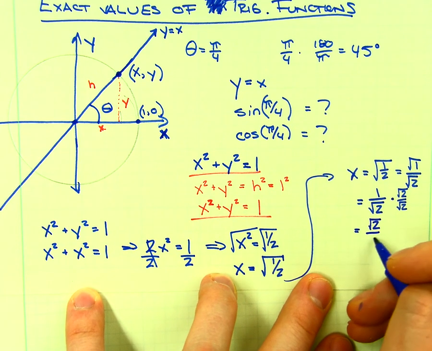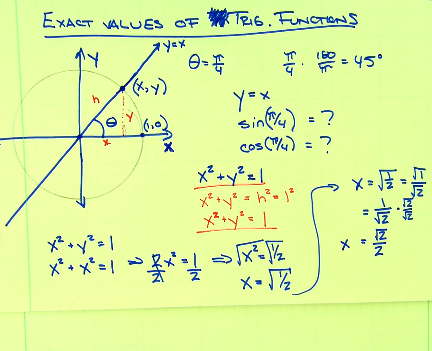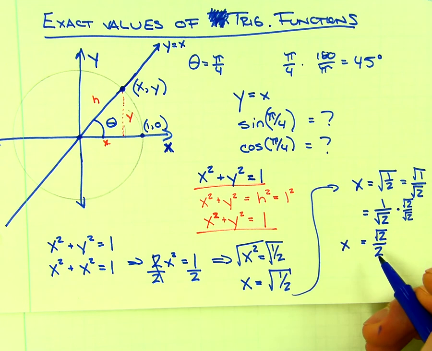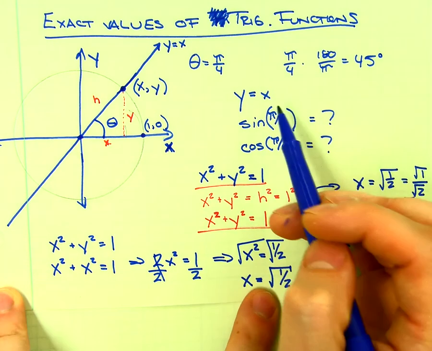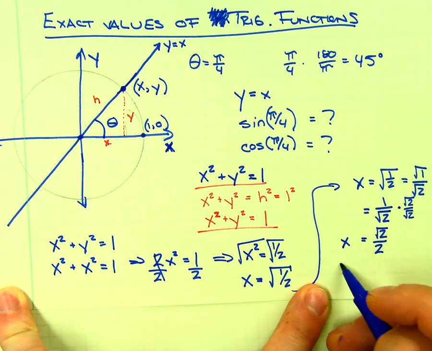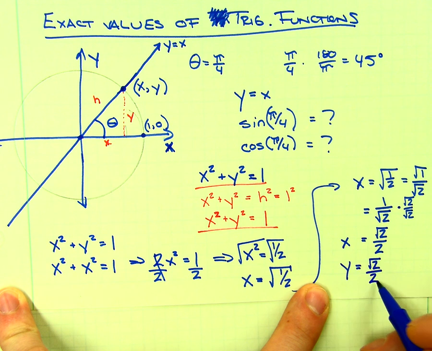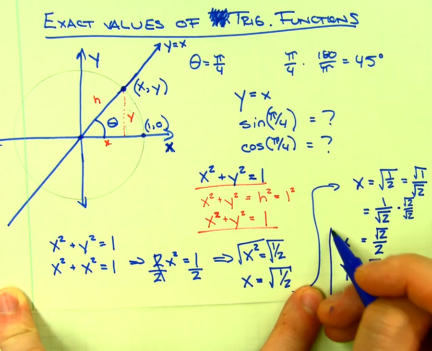So I just end up with square root of 2 over 2. So my x value is equal to the square root of 2 over 2. And because I know up here my relationship is y is equal to x, I know my y value has to be exactly the same. So my y value is going to be equal to the square root of 2 over 2 as well.